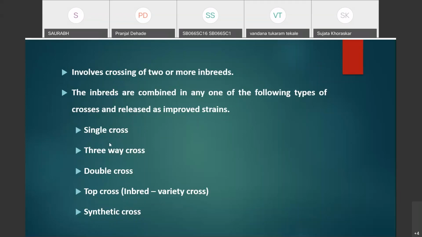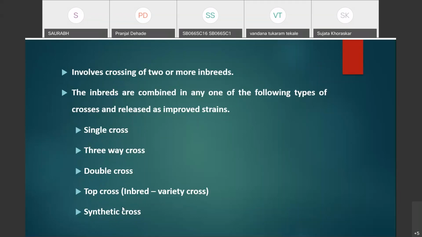These are the different methods by which inbreds are crossed with each other: single cross, three-way cross, double cross, top cross, also referred to as the inbred variety cross, and the synthetic cross.